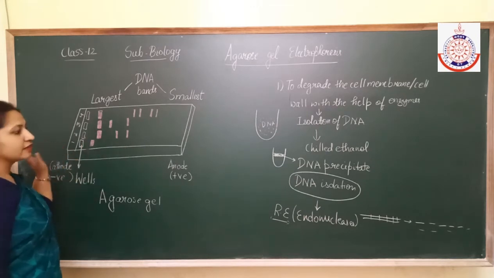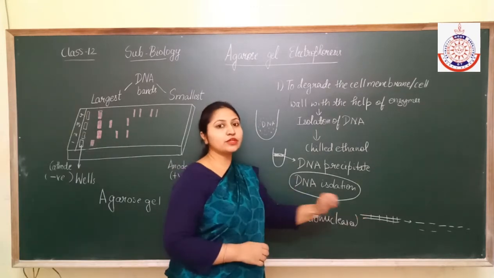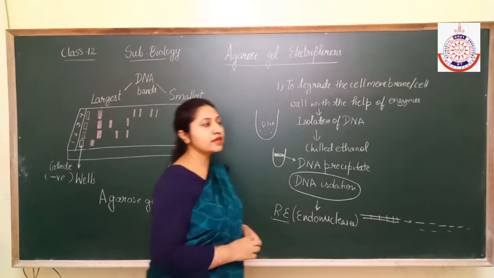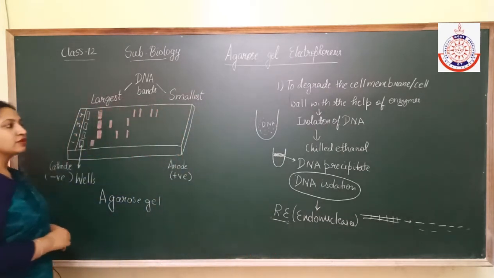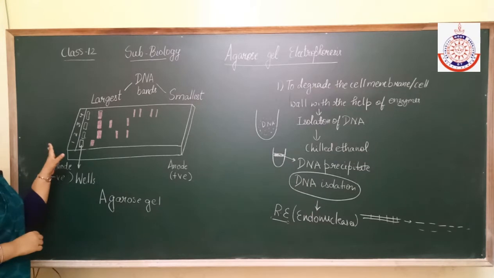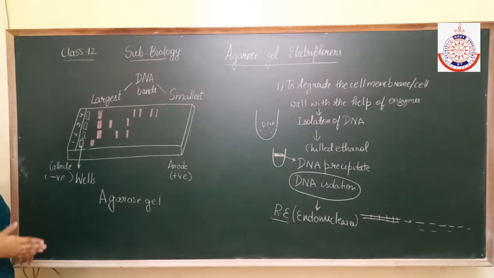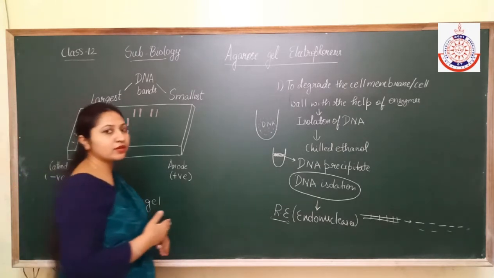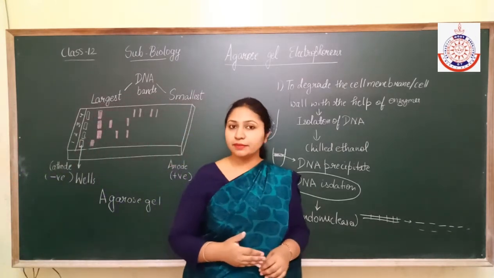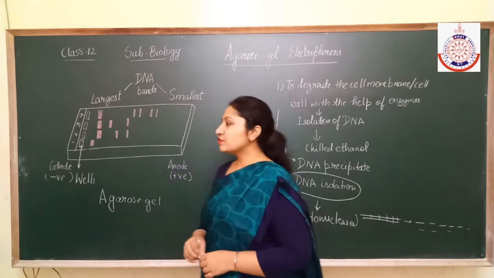Once again, listen: when we get the DNA fragments, you have to load them in the wells of the agarose gel. Then these DNA fragments will separate on the basis of charge and mass. On the basis of charge, how?